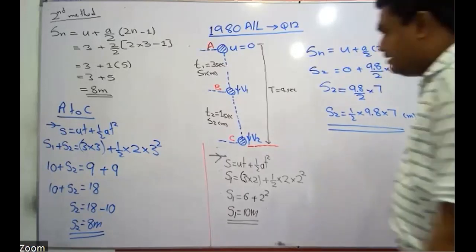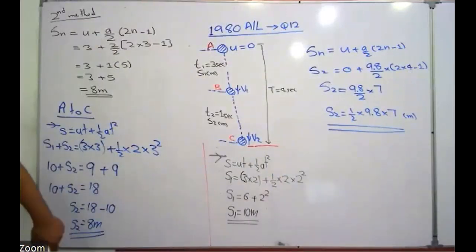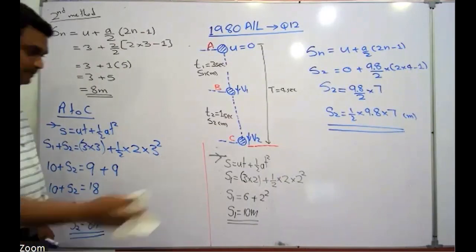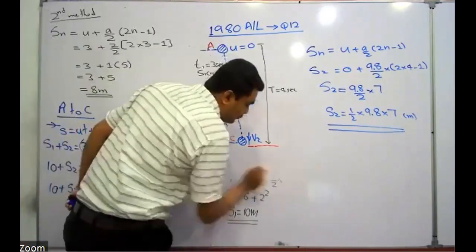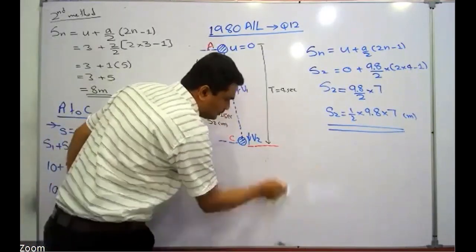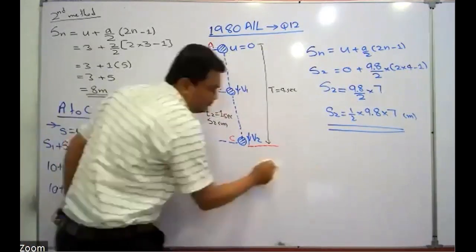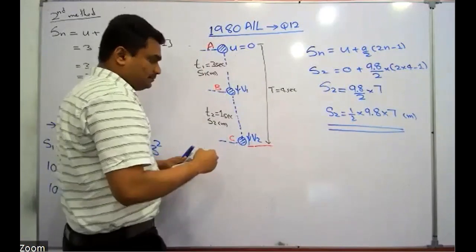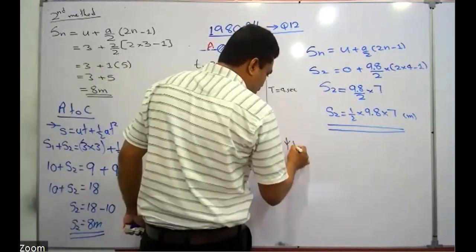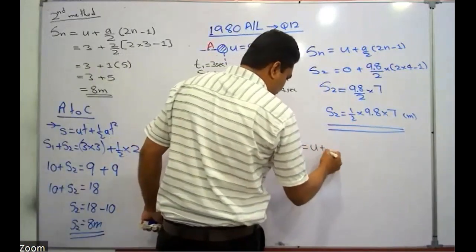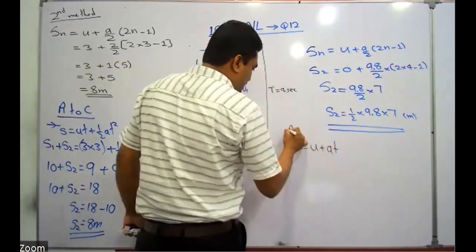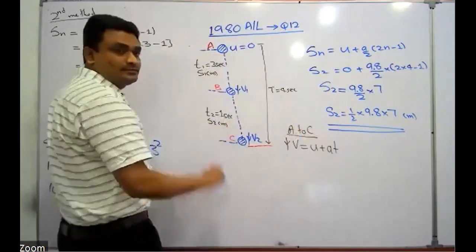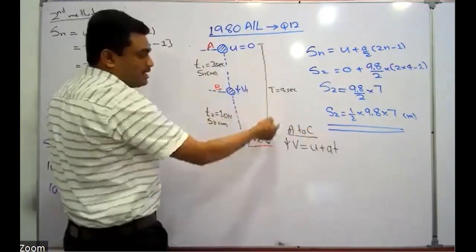Right. Then V2. What is V2? What should we do to find V2? Apply V equals U plus AT vertically downward, from A to C. Total time 4.